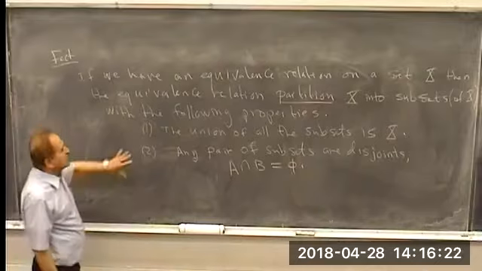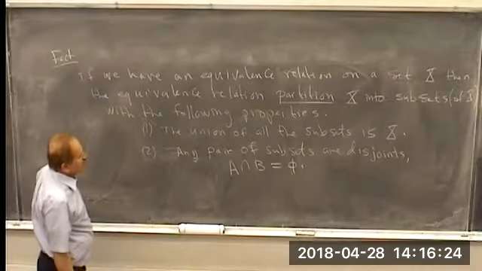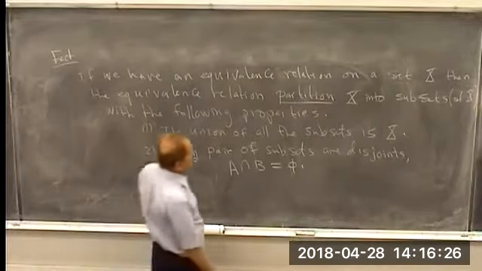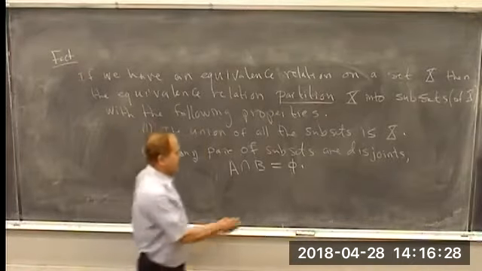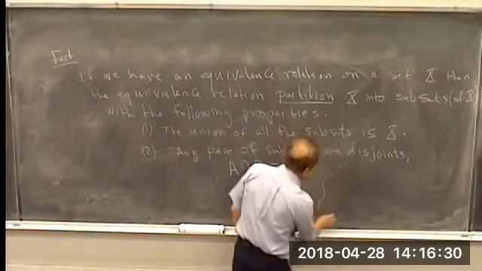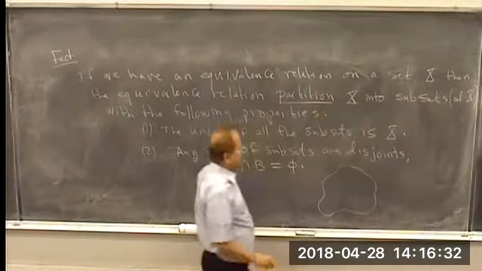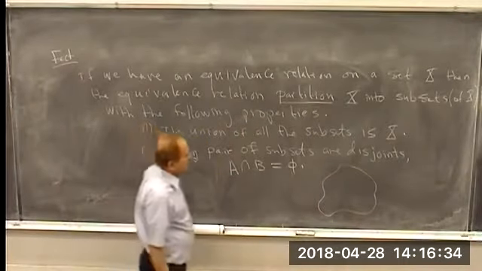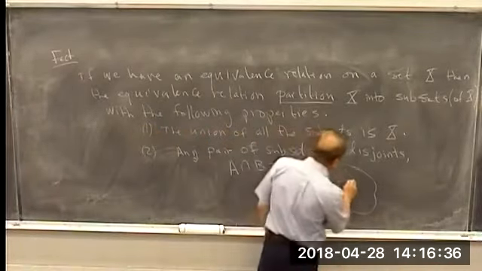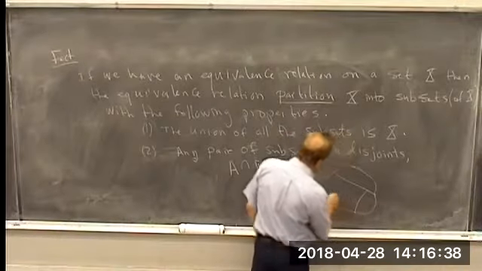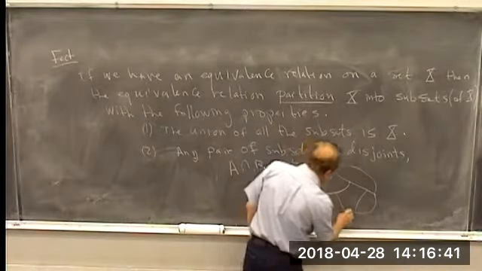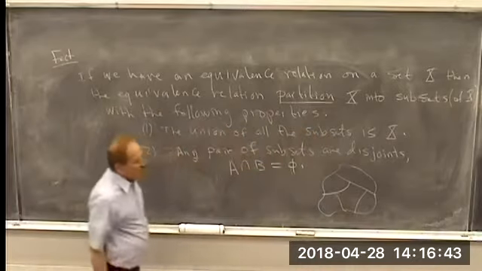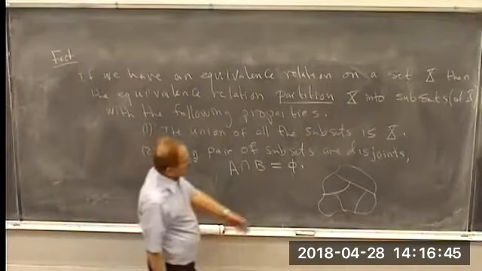So in other words, we could think of an equivalence relation on a set, represented by a Venn diagram, as partitioning X into subsets which have no points in common, disjoint.